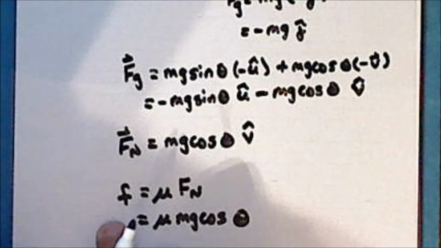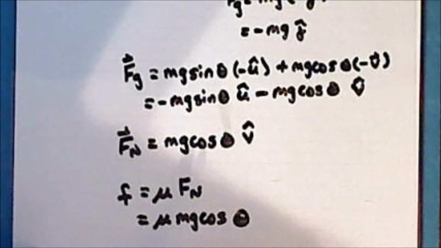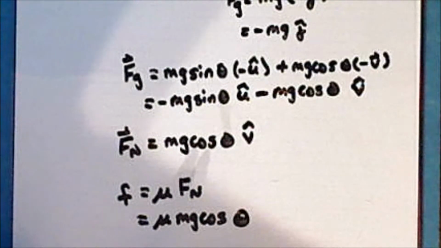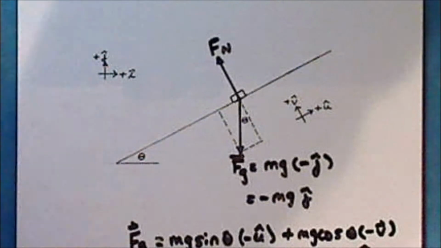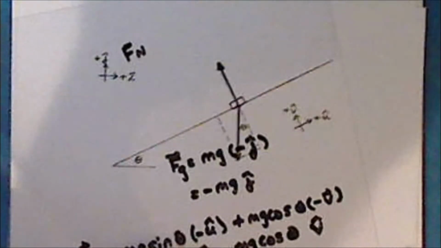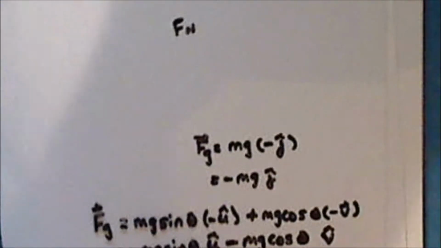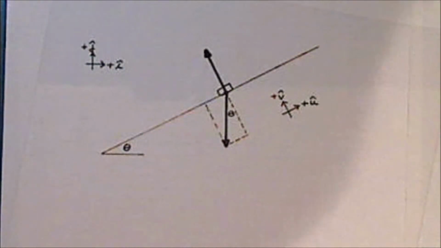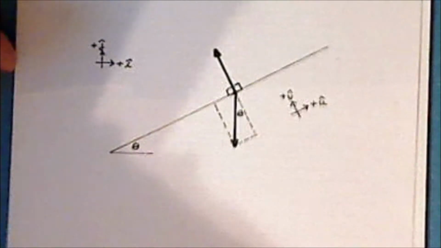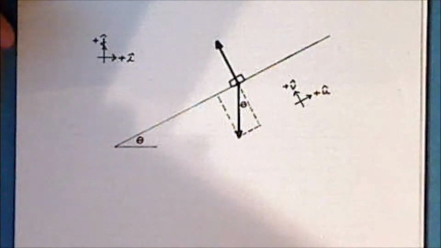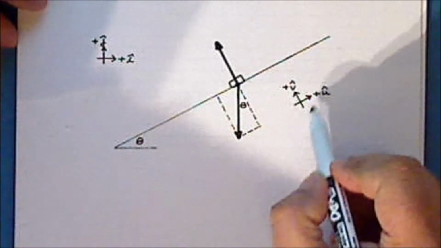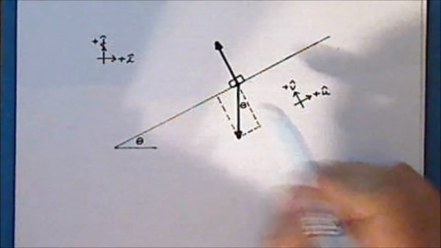Now, the direction of the force of friction depends on the direction of motion. Friction always opposes motion. So suppose that we have motion in the positive u hat direction, that is, up the plane.